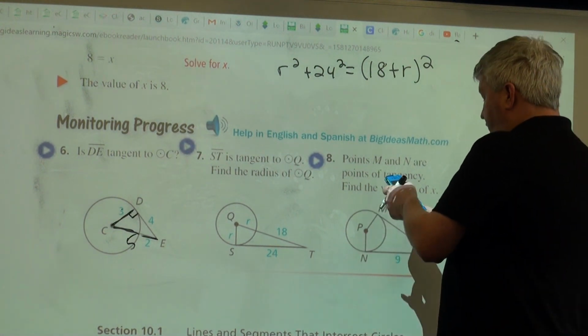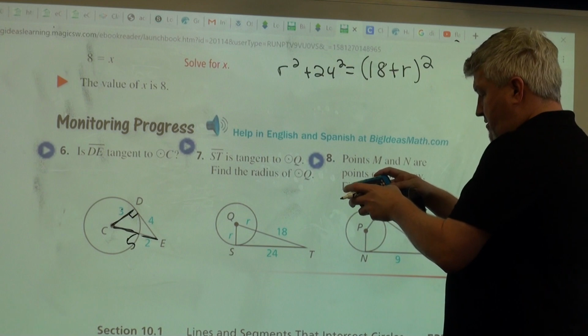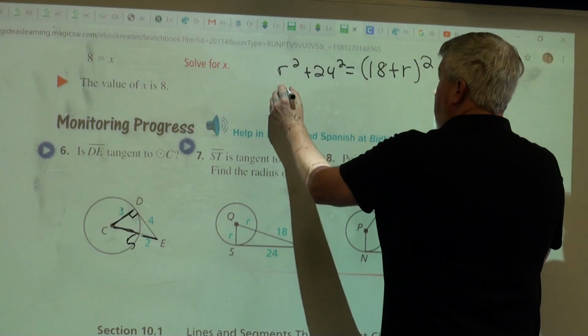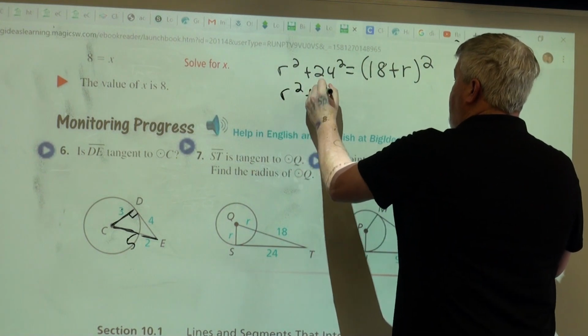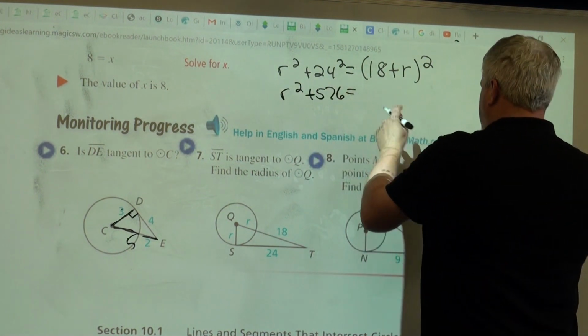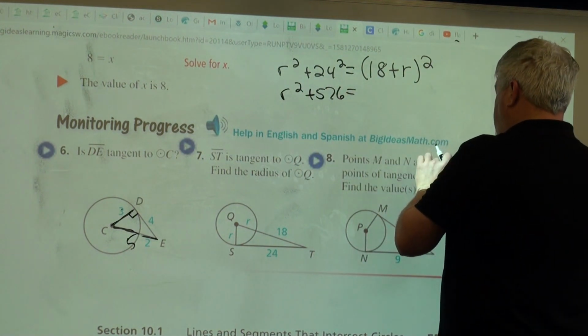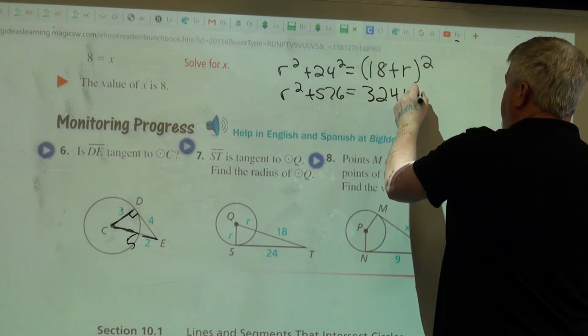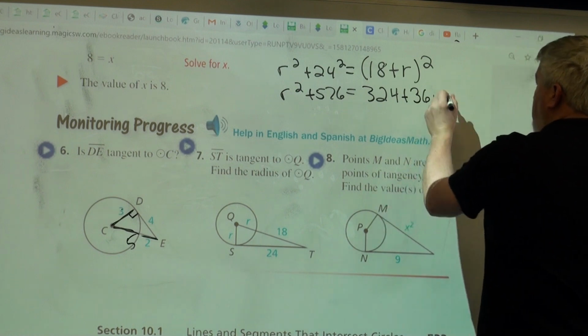So, 24 squared, I think I should have it memorized, but I don't. r squared plus 576 equals, I'm foiling this out, 324 plus 36r plus r squared.